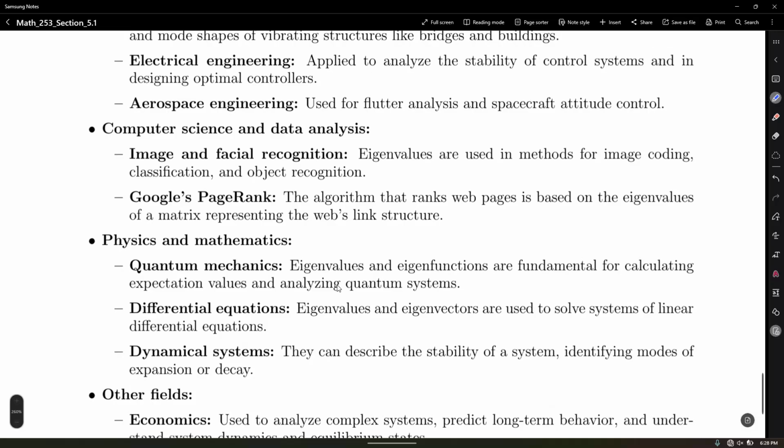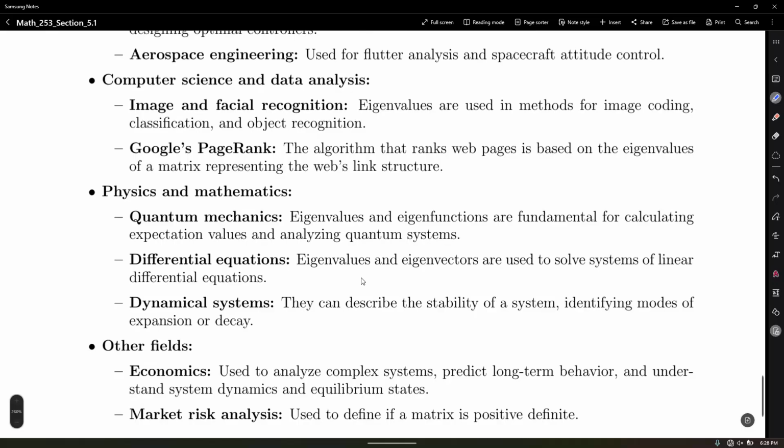In computer science, these are used a lot in image and facial recognition, like on your phones, when you set up your phone to unlock it using your face. These are used for coding because an image creates a matrix of the colors of your face, and the shape creates a matrix with the shape and the colors, and that's what they do. Google's PageRank, the algorithm that ranks web pages, is based on the eigenvalues of a matrix that represents the website link structure. So there's quite a bit there.